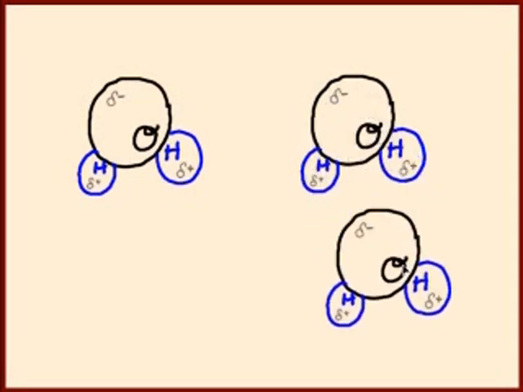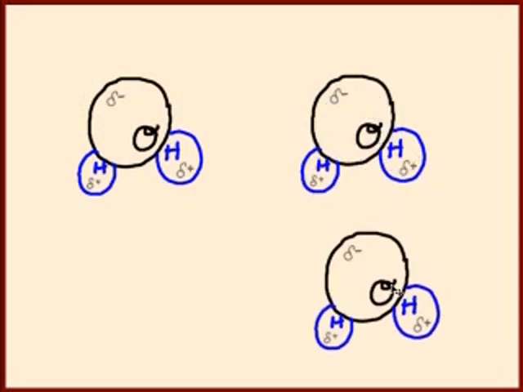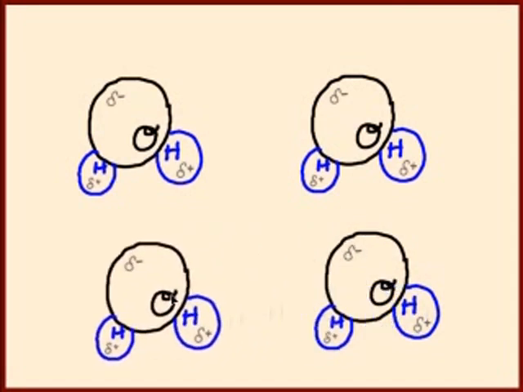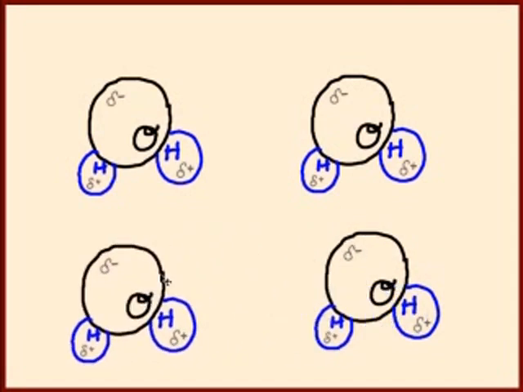That's 2, 3, and 4 water molecules. Now what's going to happen here? I don't know what would be a good color. We'll just use red here. The partial positive charge of hydrogen here is going to be attracted to the partial negative charge of the oxygen in another molecule.